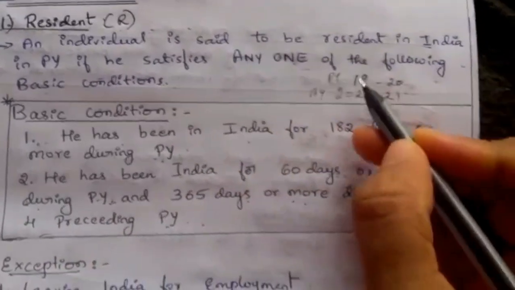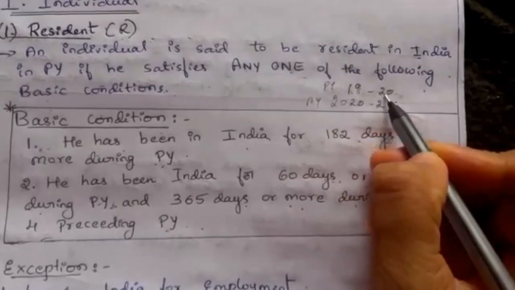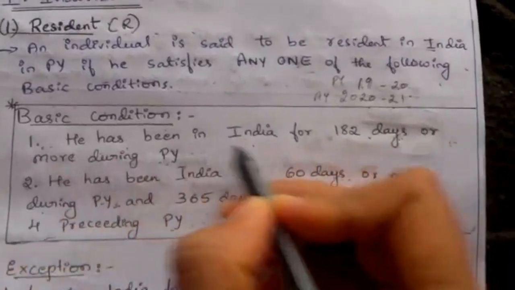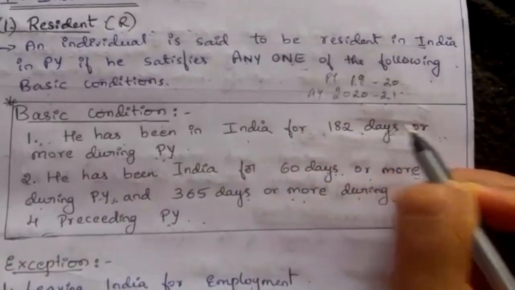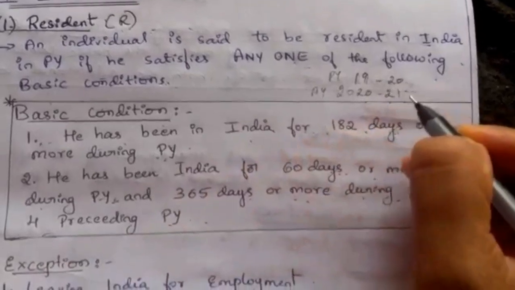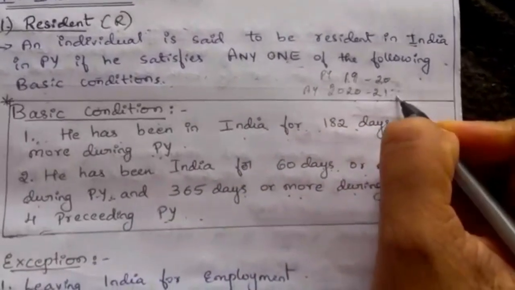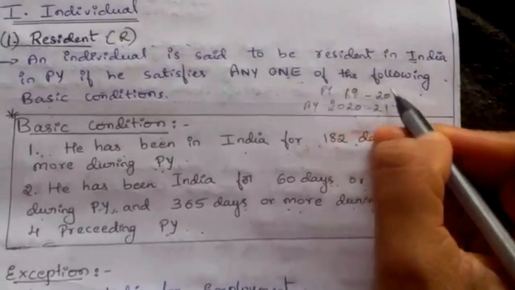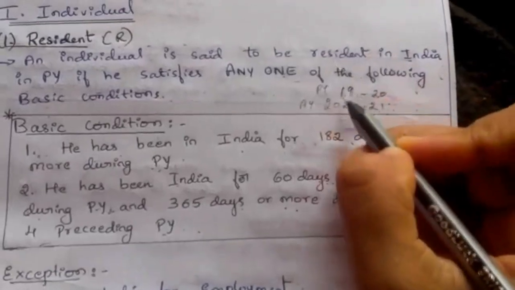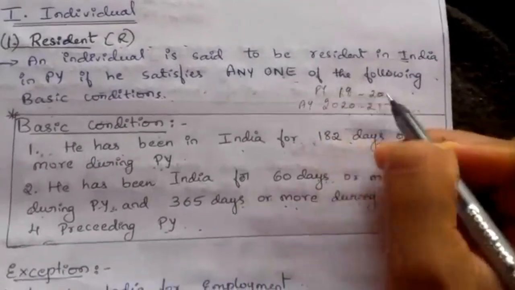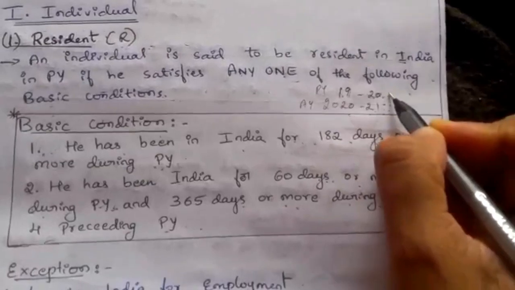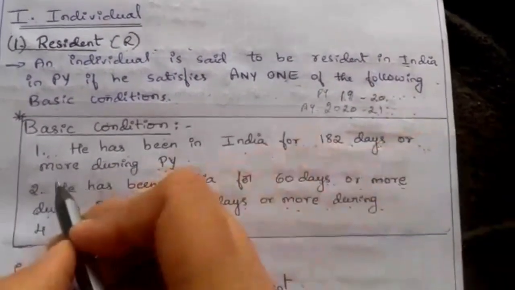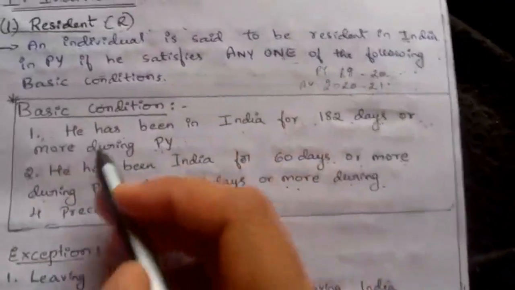At present the previous year is 2019-20, assessment year is 2020-21. Residential status is calculated as per the previous year. If he stayed in India for 182 days in 2019-20, then he is treated as a resident in India.